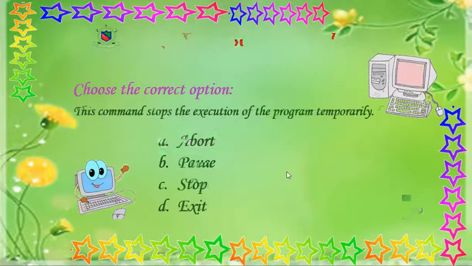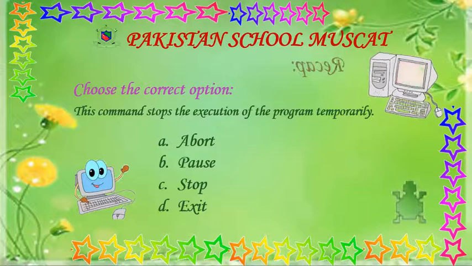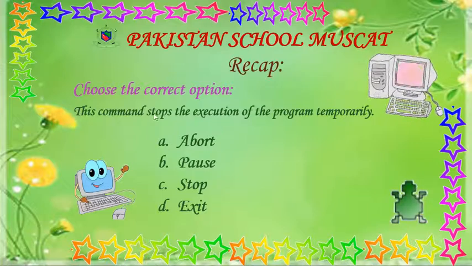Now let's move on to the next recap for today. Here we have, this command stops the execution of the program temporarily for some time. It stops the execution of your program if you have written something. The options are abort, pause, stop, or exit.